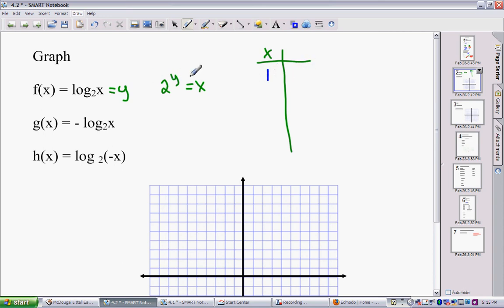That means that 2 to the y equals 1. That has to be 0. 2 to the 0th is 1. If we have 2 to the first, that's going to make y be 1. 2 squared, that would make y 2. 2 to the third will make y 3, and we have to do negatives as well.